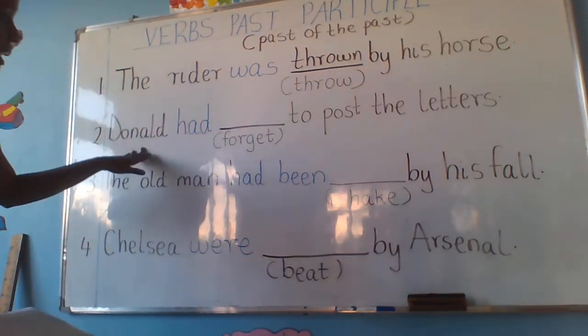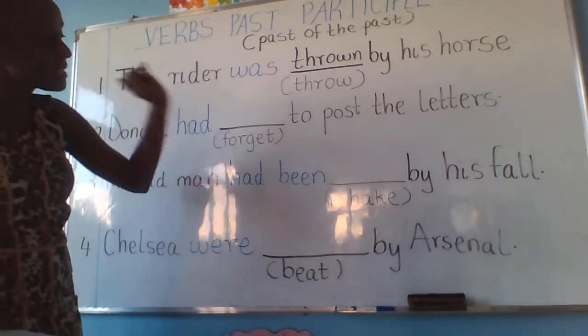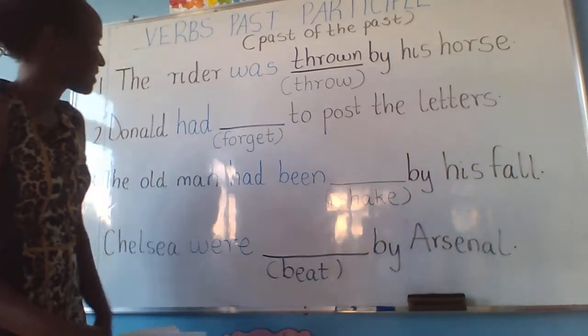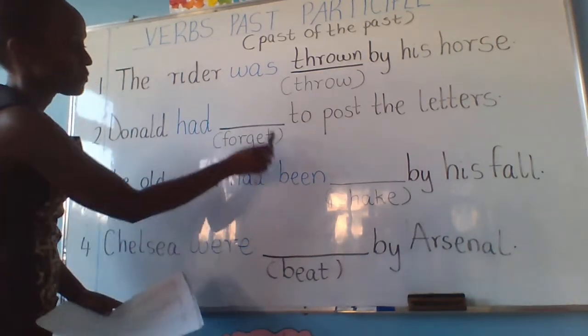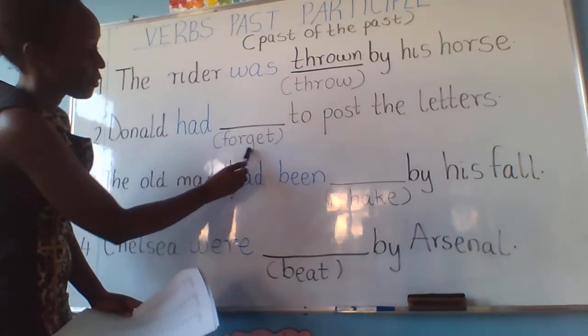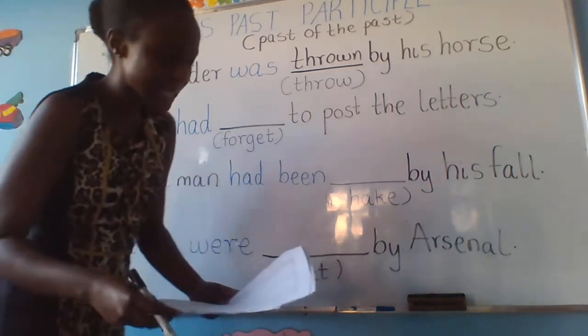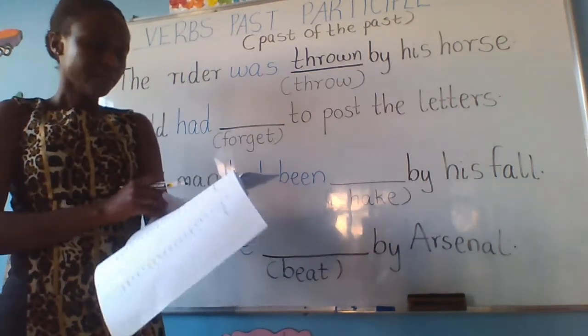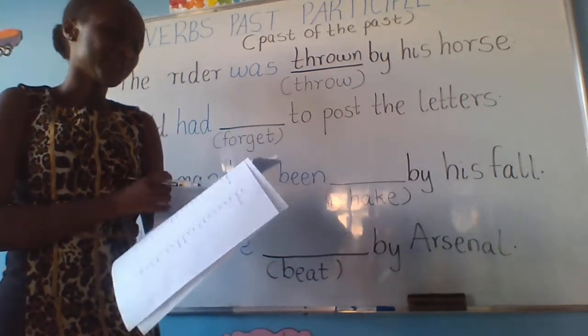Sentence number 2. Donald, read it. Donald had dash to post the letters. We have the verb, so you have to change this verb. Can you read here? Forget. What is the past tense of forget? Forgot. Good.